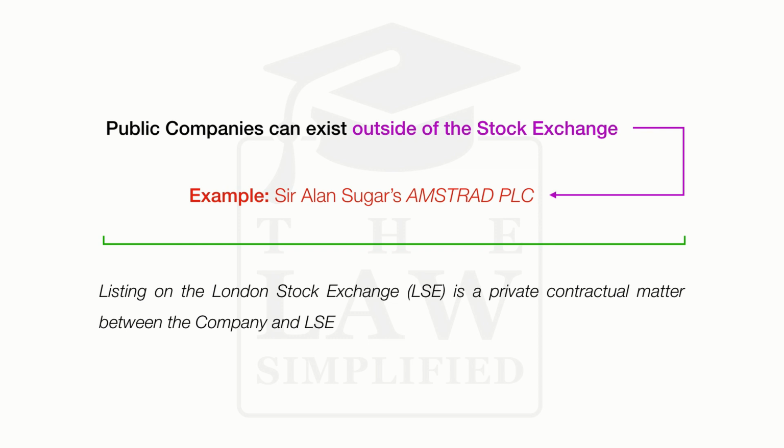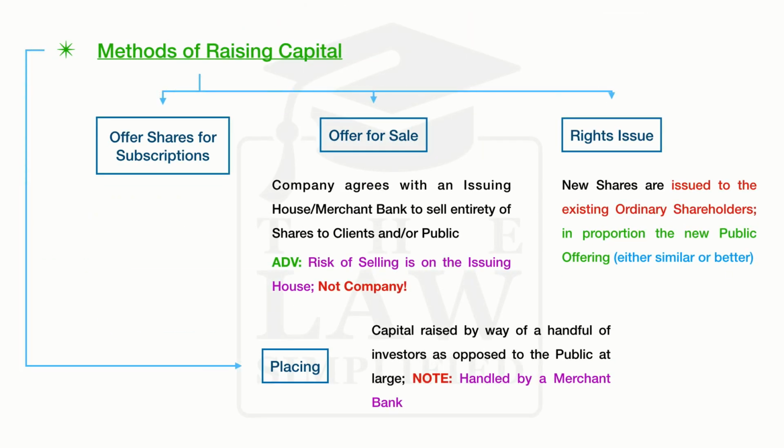Now that we've had a basic gateway into this topic, we'll have a look at the methods by which public limited companies raise capital before we proceed on to the regulation of such. One of the primary and fundamental ways by which public limited companies raise capital is by offering their shares for subscription. Another way is to offer said shares for sale.